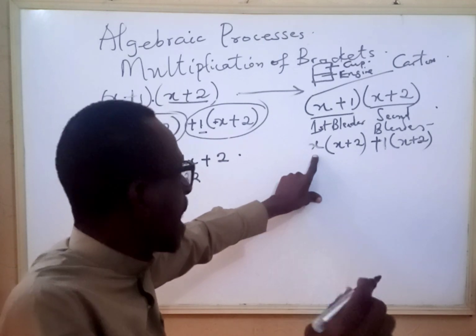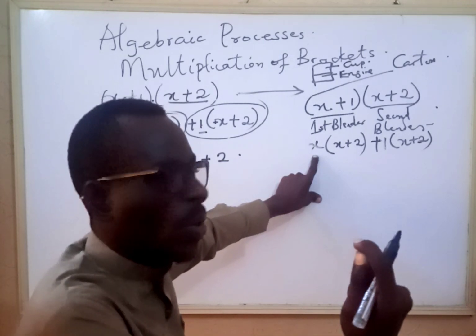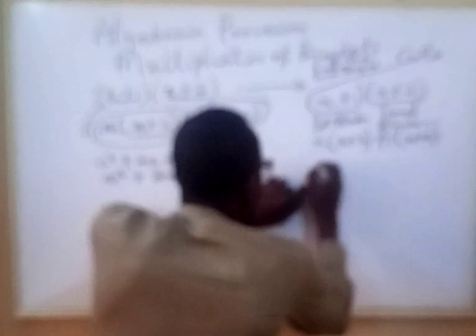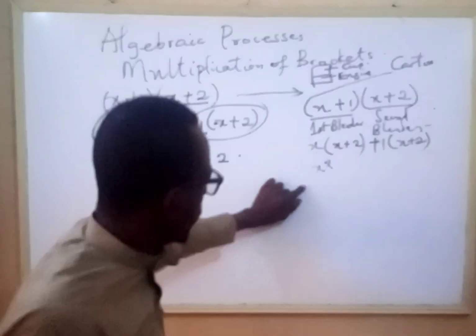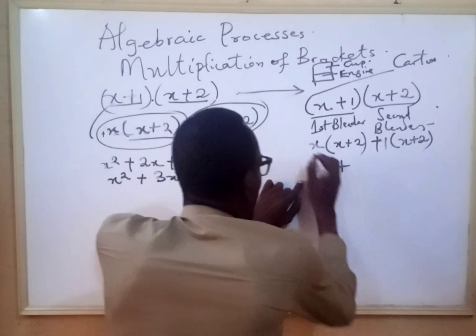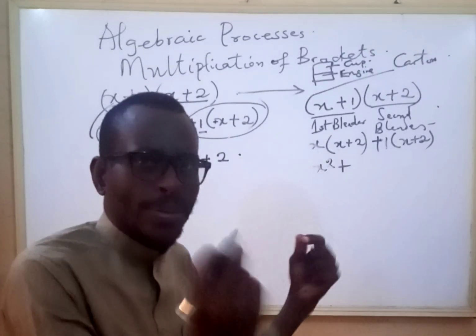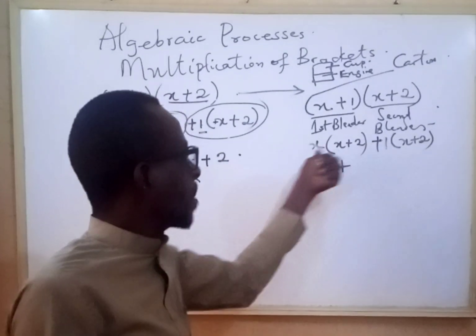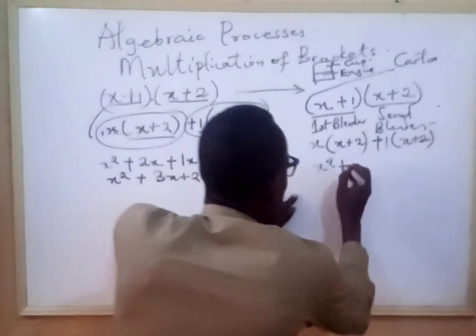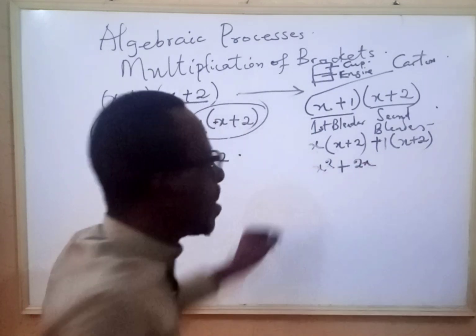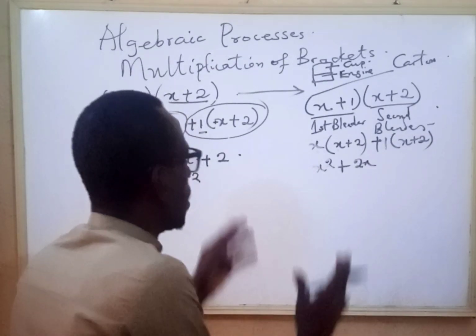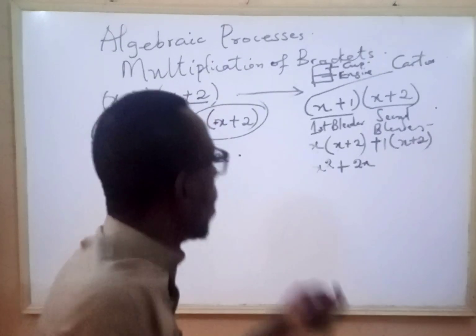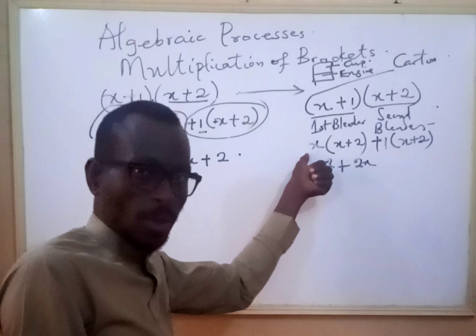Unpacking the second blender, you come in contact with another engine. That is engine times engine, engine squared, plus another engine and cup, the cup multiplied by the engine. That simply means you have multiplied the whole carton of the second blender with the engine of the first blender.